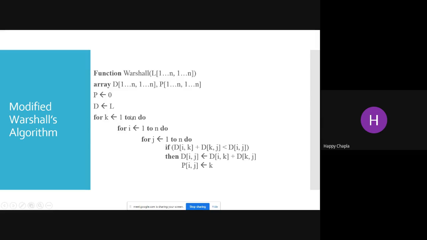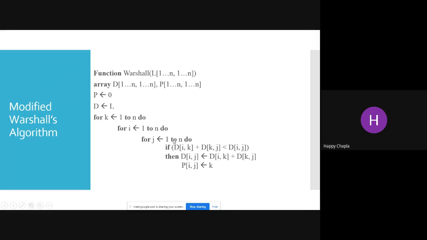Now your K is equal to 1 to n. That means जितने भी vertex से उतने table बनने चाहिए. First for loop. Second for loop for i, that means every row will be matched with every column, 1 to 1, 1 to 2, and 1 to 3.